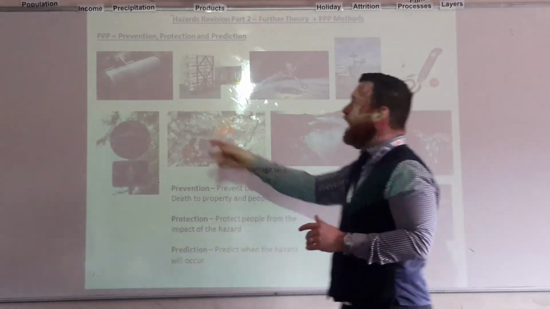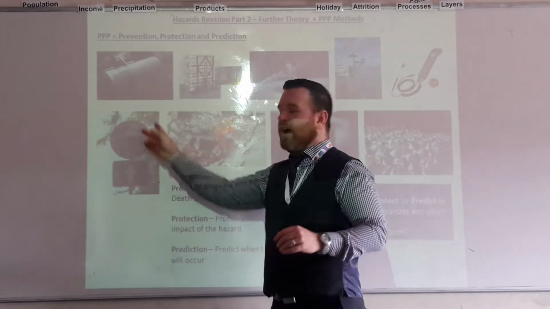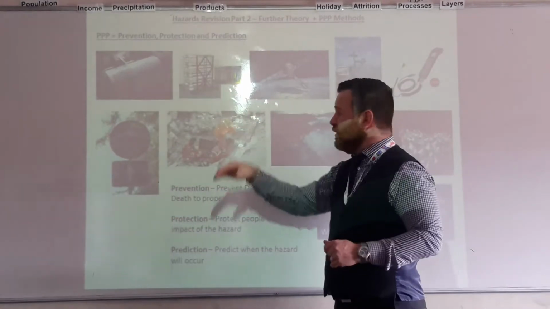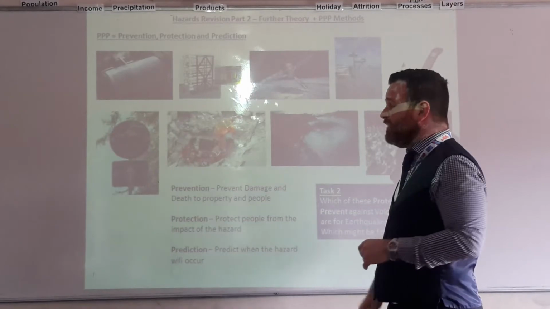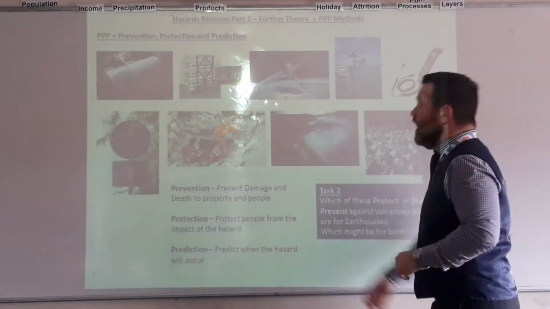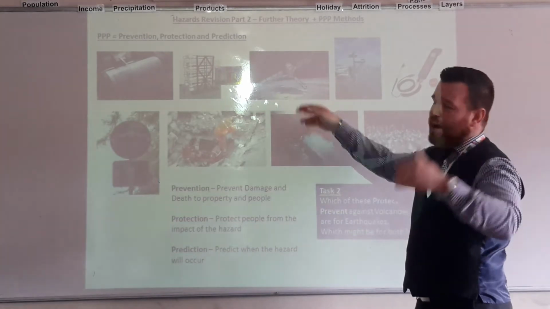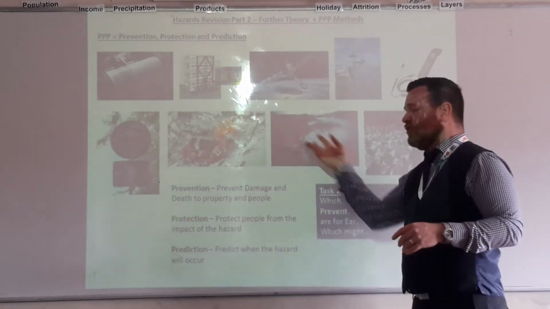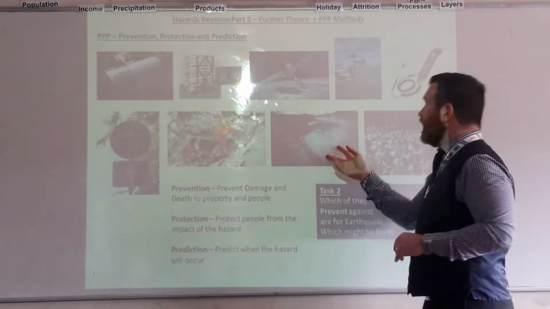Okay, so on the board you can see a whole range of different methods. So you could have a seismometer, you could have a clear evacuation route, a clear evacuation drill, earthquake-proof buildings, effective and well-planned and well-organised rescue and emergency services. You can have satellites, which obviously track weather patterns for tropical storms and droughts. We've got diversion channels for volcanic eruptions.